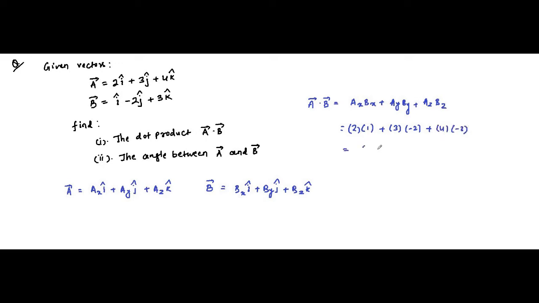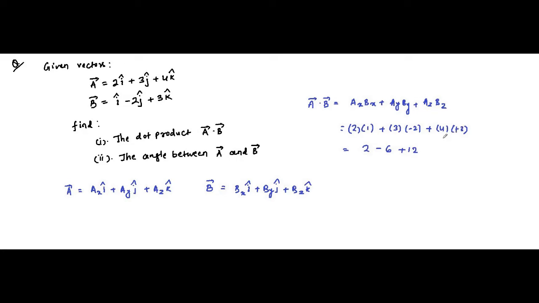It will be 2 minus 6, and 4 into 3 is plus 12. Okay, it is not minus 3, it is plus 3, that's why it is plus 3. By mistake I wrote here minus 3.